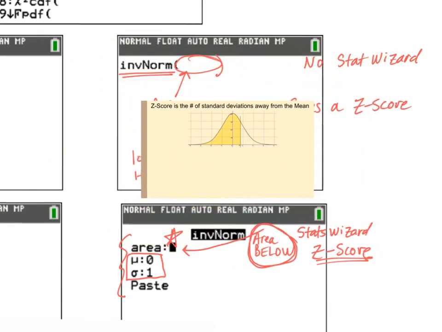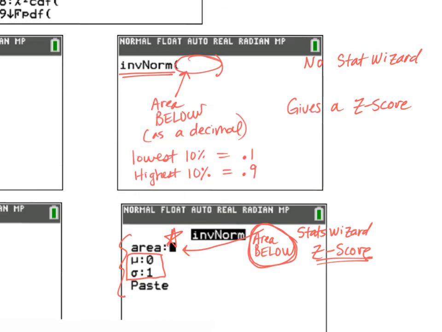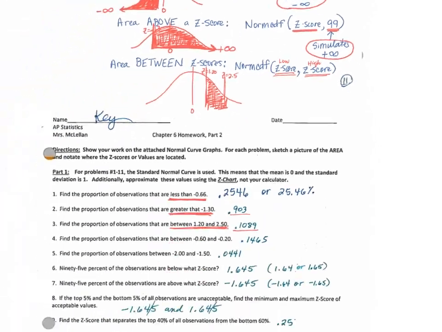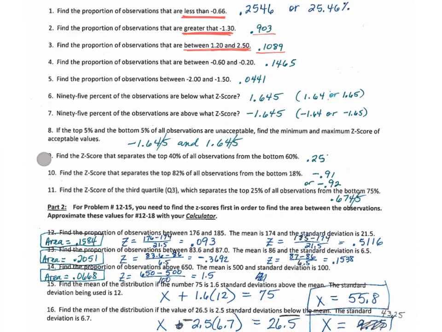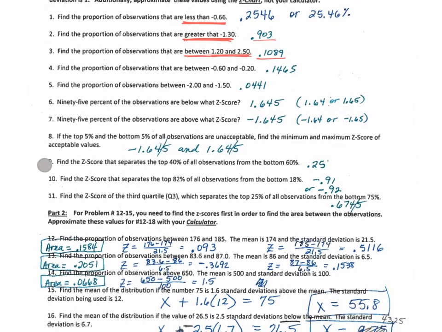All right, so let's go ahead and take a look at a couple of your problems from last night's homework, and see if we can do that with our calculator and see what we come up with. Let's look at numbers 9, 10, and 11. Number 9 says, find the z-score that separates the top 40% from the bottom 60%.